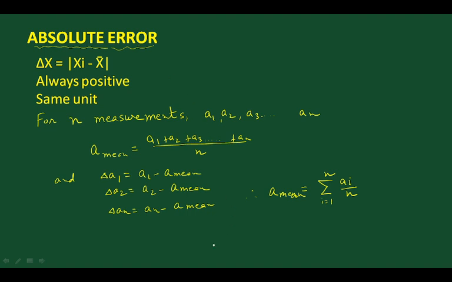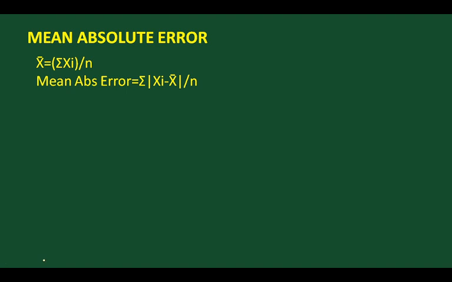The next important thing we want to discuss is mean absolute error. The arithmetic mean of all the absolute errors is taken as the final or mean absolute error of the value of a physical quantity A and is represented by del A mean.